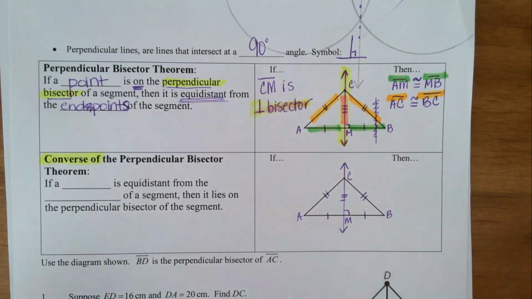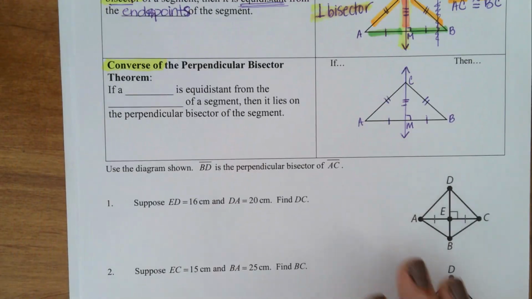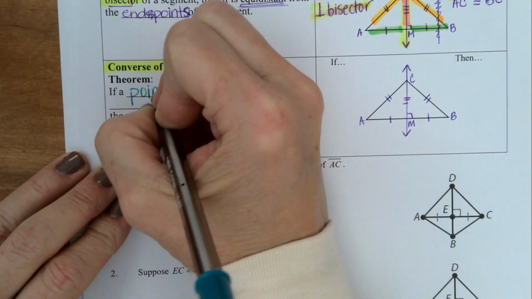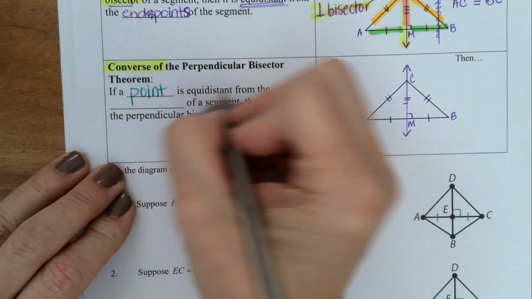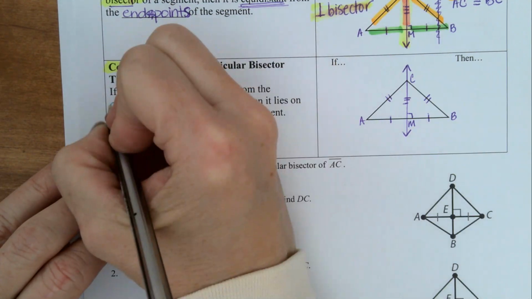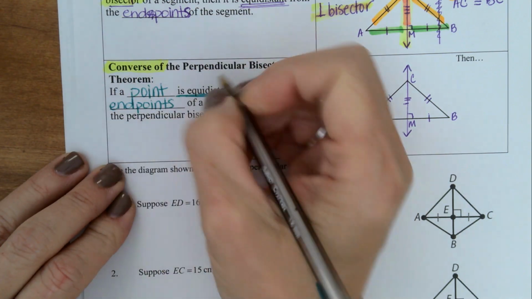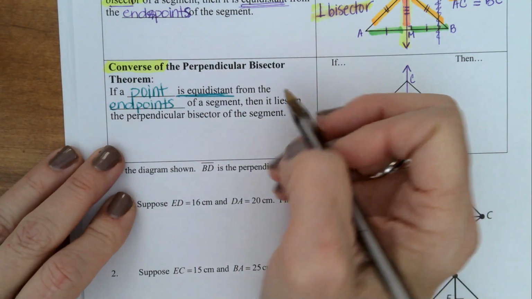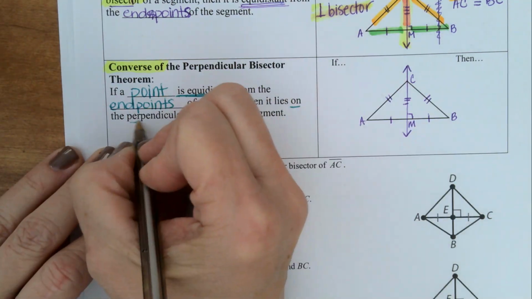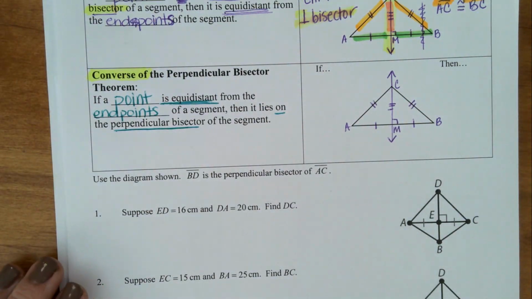Now the flip-flop of that, the converse of that: if a point is equidistant from the endpoints of a segment, then that point lies on what? The perpendicular bisector. We're just going to flip-flop it.